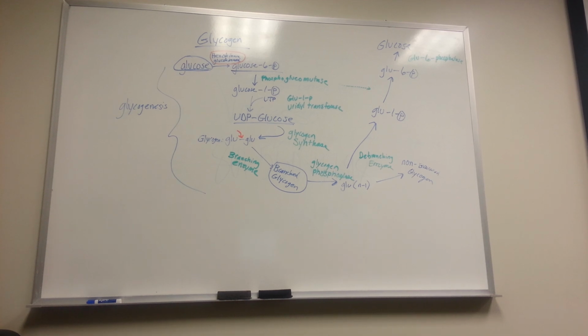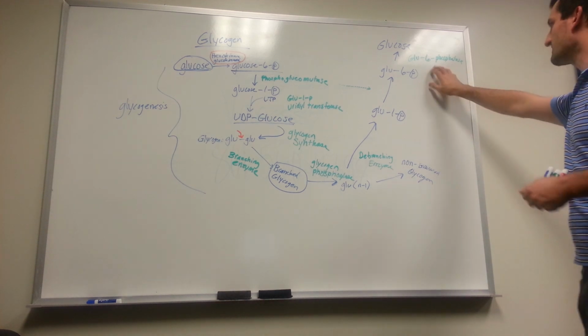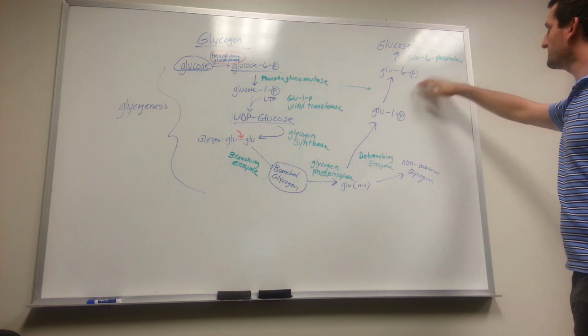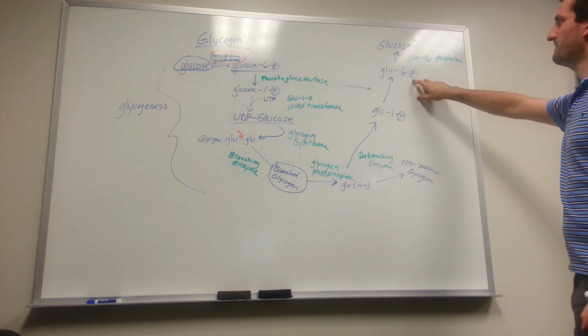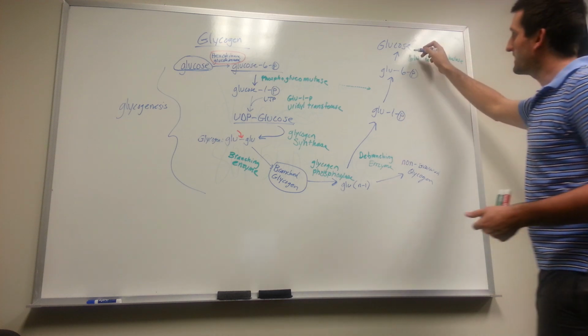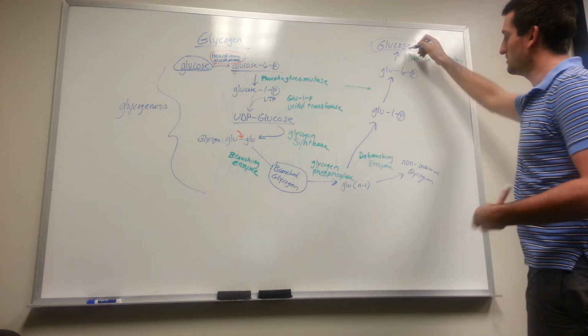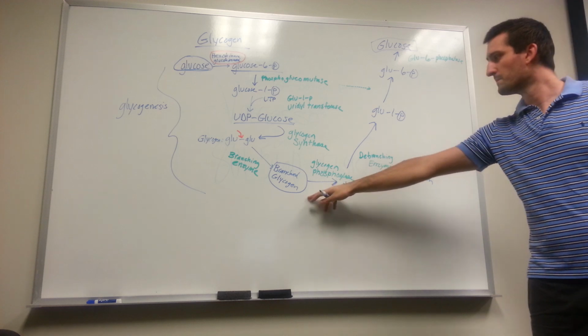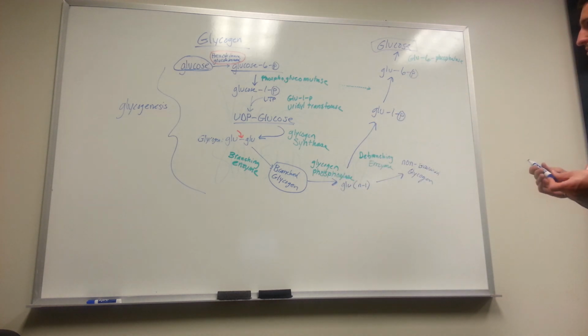Didn't help too much. Okay, so we've got this glucose 6-phosphatase enzyme. We're going to remove that phosphate, yielding a glucose molecule. So this is now excellent because our body's able to use glucose. We went from our stored form to our glucose form.